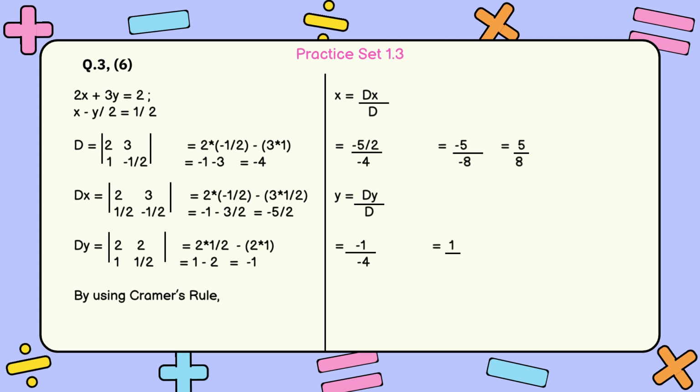And y is equal to Dy upon D, which is minus 1 upon minus 4. Here also both of the values are negative, so we can cancel the negatives out and our solution is 1 upon 4. So we write the final answer as x comma y is equal to 5 upon 8 comma 1 upon 4 is the solution of the given equation.